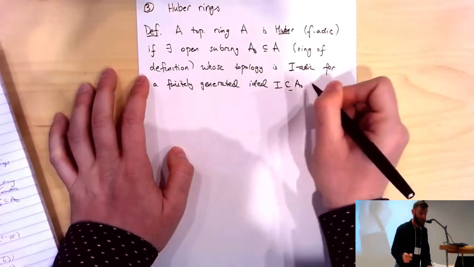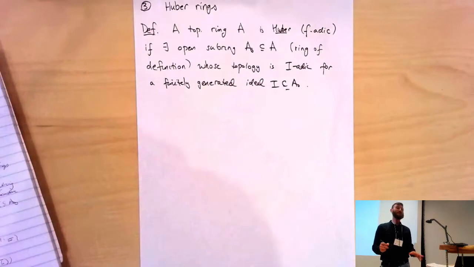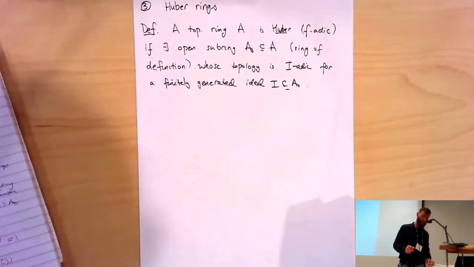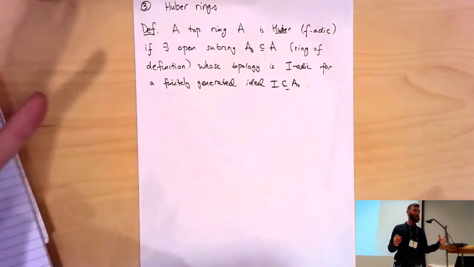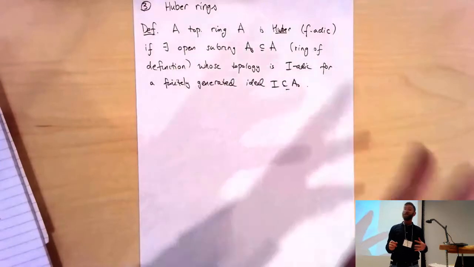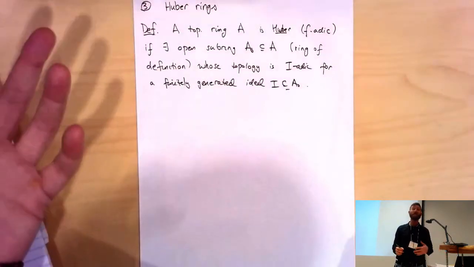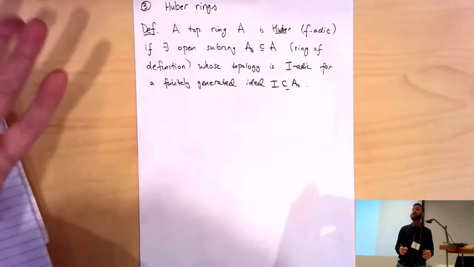And that ideal is called an ideal of definition. Okay. And this is general enough to do a lot of things that we wanted to do. So let's start doing this. So one remark is that the ring is Huber if these other structures exist, but those other structures, the ring of definition and the ideal I, are not included in the data of A. You could have different A_0s for a given A.